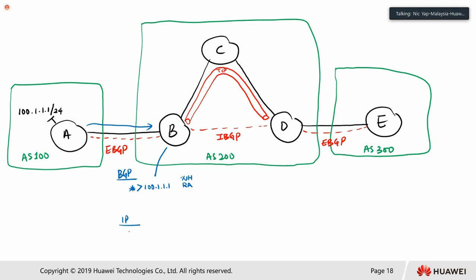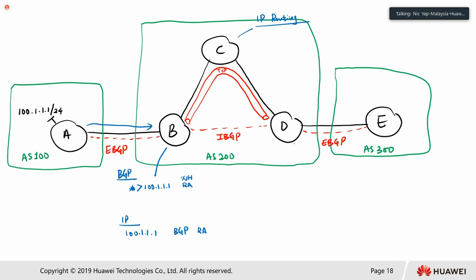Inside my IP table, I have 100.1.1.1 learned from BGP, next hop is router A. This is my IP routing table. Router C has nothing in its IP routing table, because router C is not a BGP speaker.